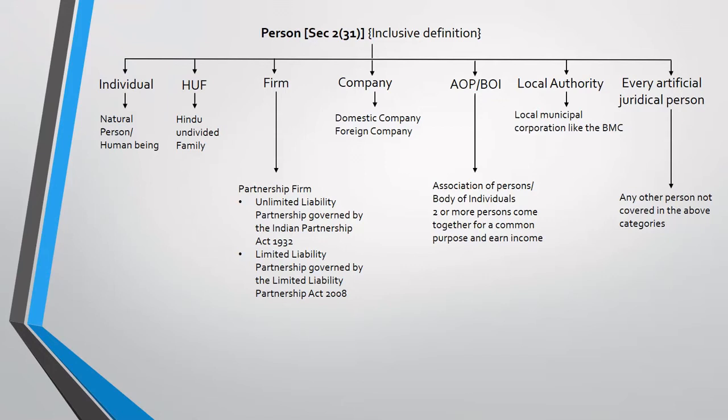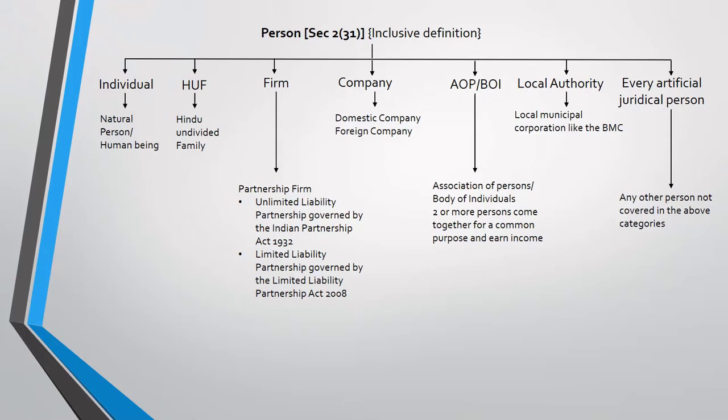A domestic company is a company incorporated in India and following all the requirements as per the Companies Act 2013, like declaring dividends, filing the annual returns, conducting AGM, etc. Whereas foreign company means a company which is not a domestic company, meaning that is not incorporated in India, and the Companies Act 2013 is not applicable to it.